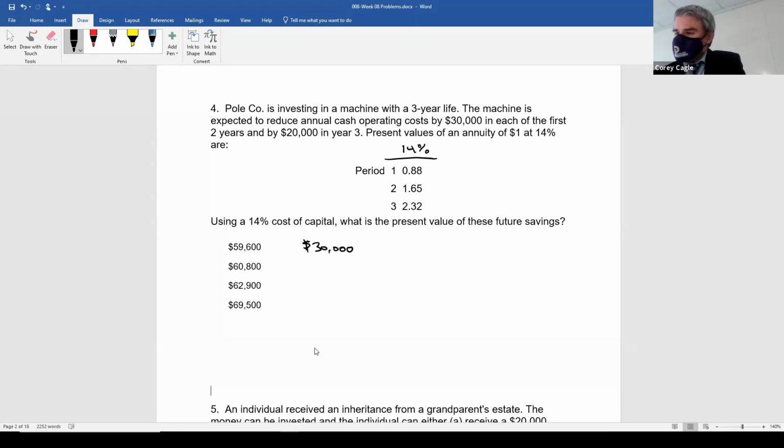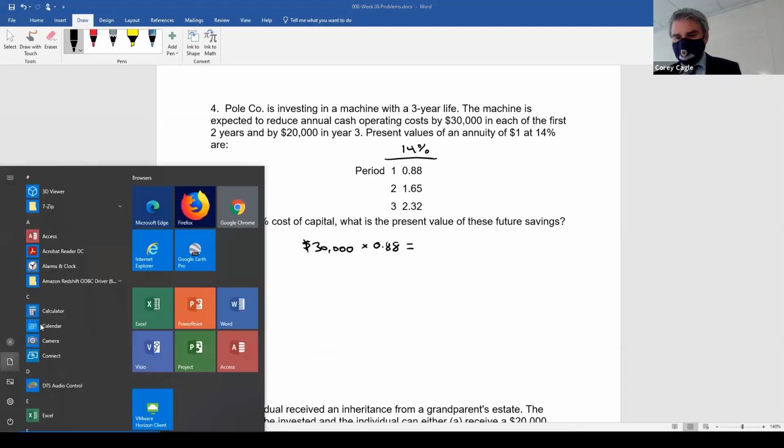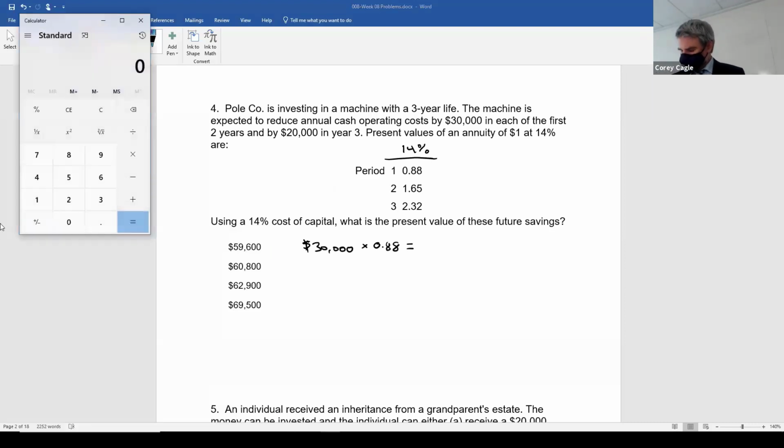The table value is 0.88. So to get that in terms of today's money, we just multiply by the table factor, right? 30,000 times 0.88 is $26,400.